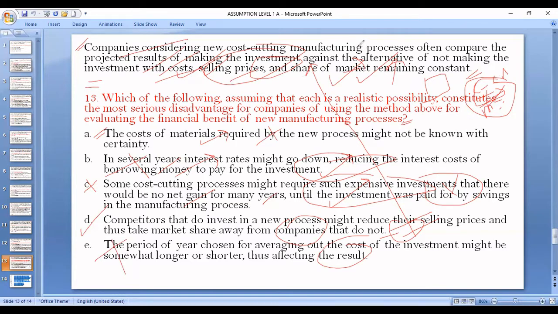So when they focus on the investment side, by the time they realize competitors can reduce their price and capture the market share, that will be the serious disadvantage, because they will lose market. Hence D is the answer.